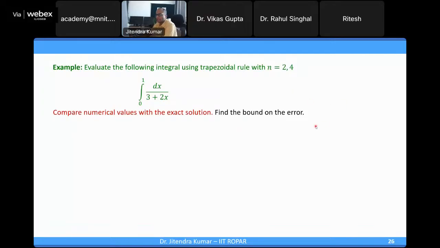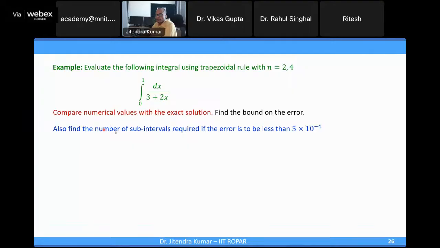Because we know the error formula, even without computing the numerical integration, without having the approximate value of the integral, we can directly use the error bounds we have just derived to get the upper bound on the error.